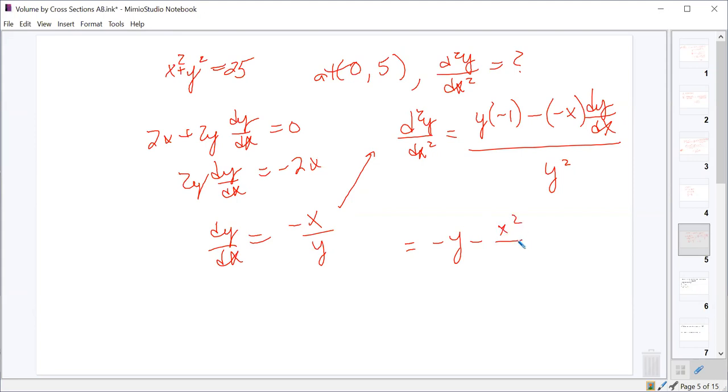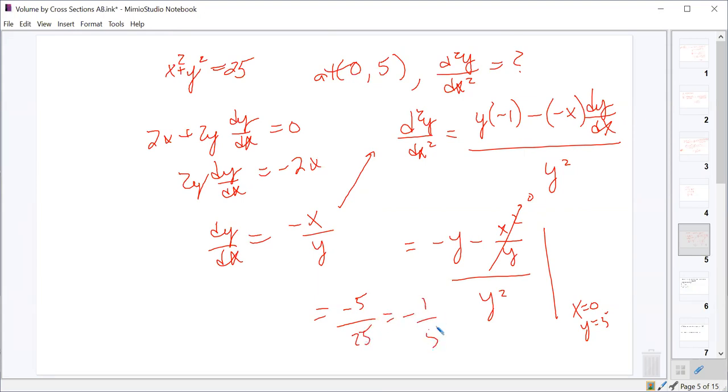So minus x squared over y all over y squared. And we're supposed to evaluate that at the point 0, 5. So when x is 0, that's going to cancel out, right, when we evaluate it at 0 and 5. So we'll end up with negative 5 over 25, or negative 1/5, which was choice D. Makes sense to everybody? Any questions on that one?